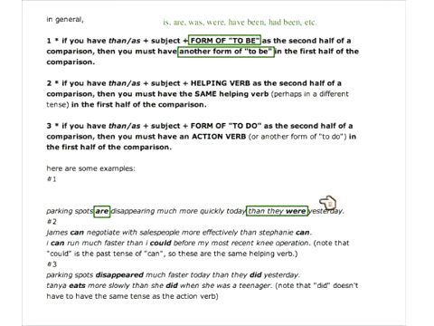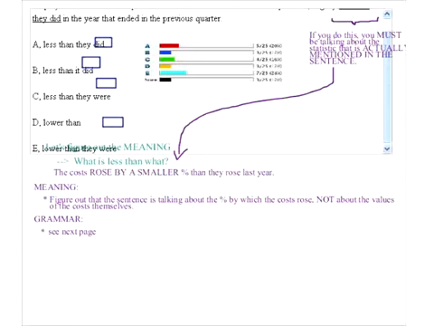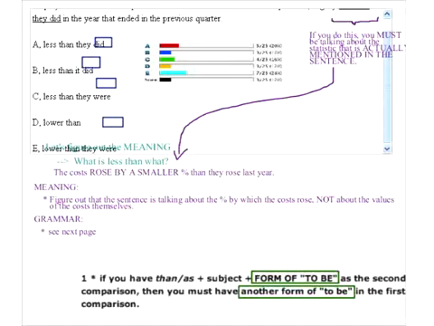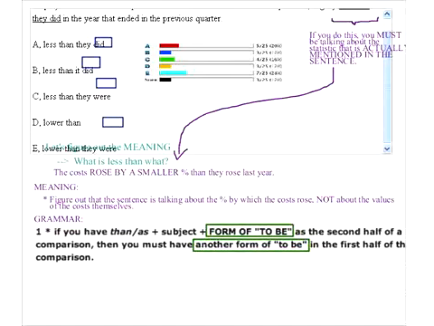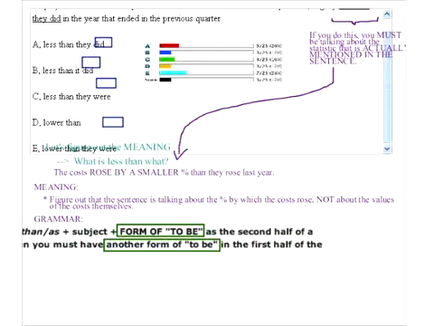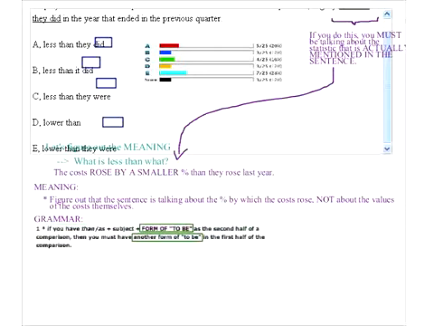So if we take this principle and go back to this problem, let's see if that works. Here's the principle. I'll make it a little bit smaller so it fits on the page. These are forms of 2b. Were is a form of to be.